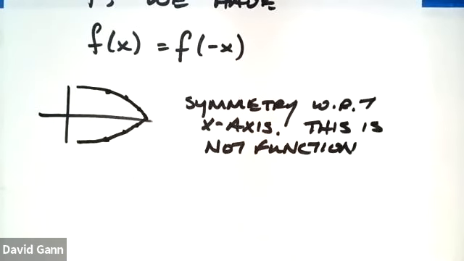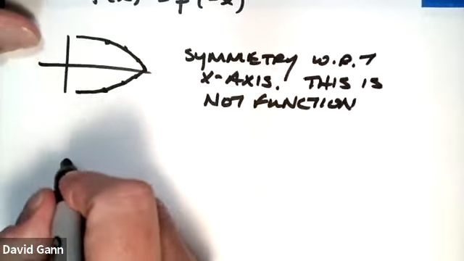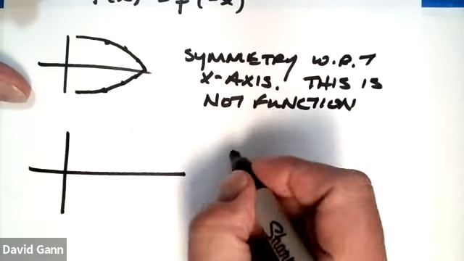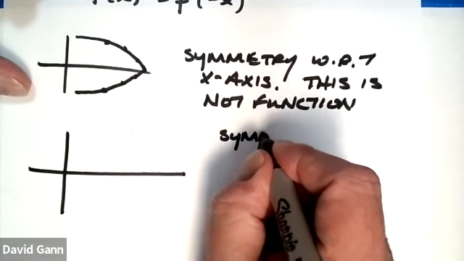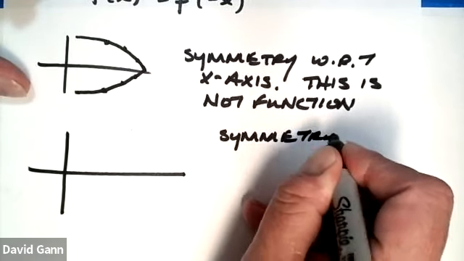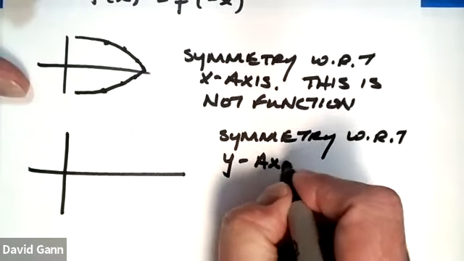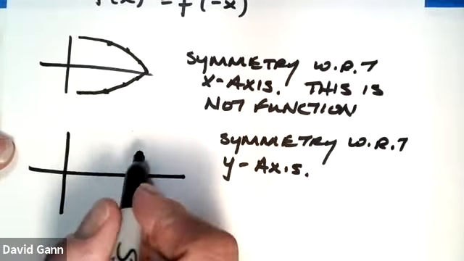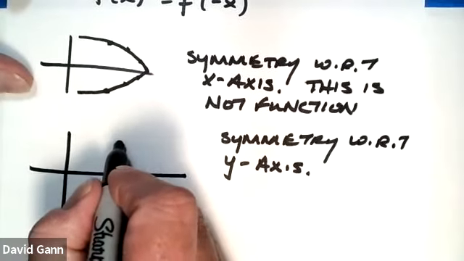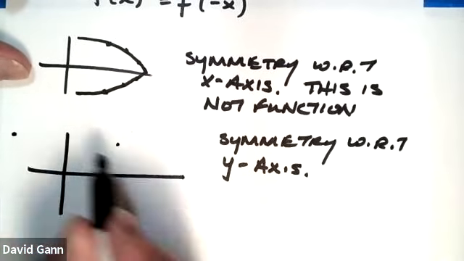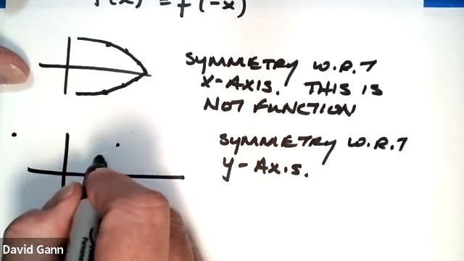All of our trig functions are in fact functions. And so this is sort of a peripheral discussion. But the next one that is of some interest is what's called symmetry with respect to the y-axis. Notice that if you have a point over here on the right-hand side of the y-axis, you'll have a corresponding point on the left-hand side.